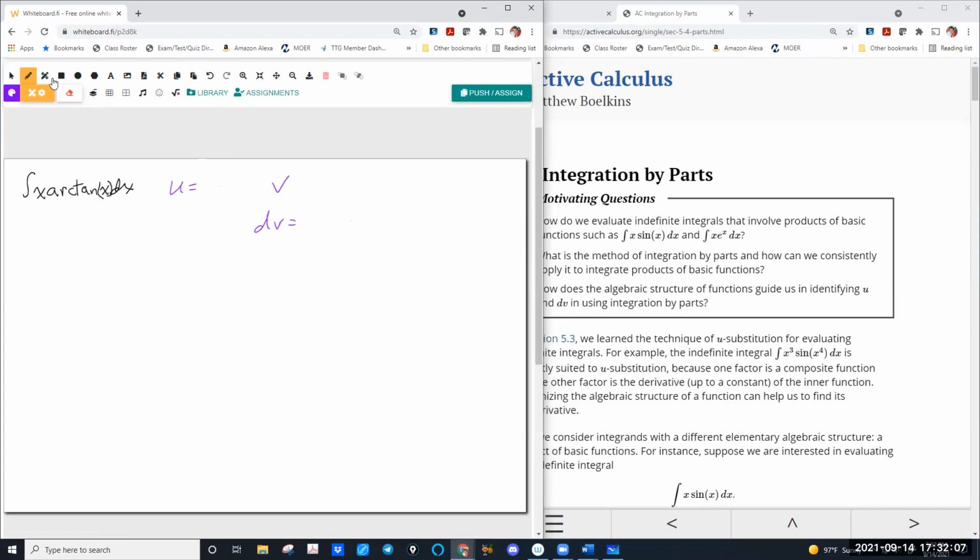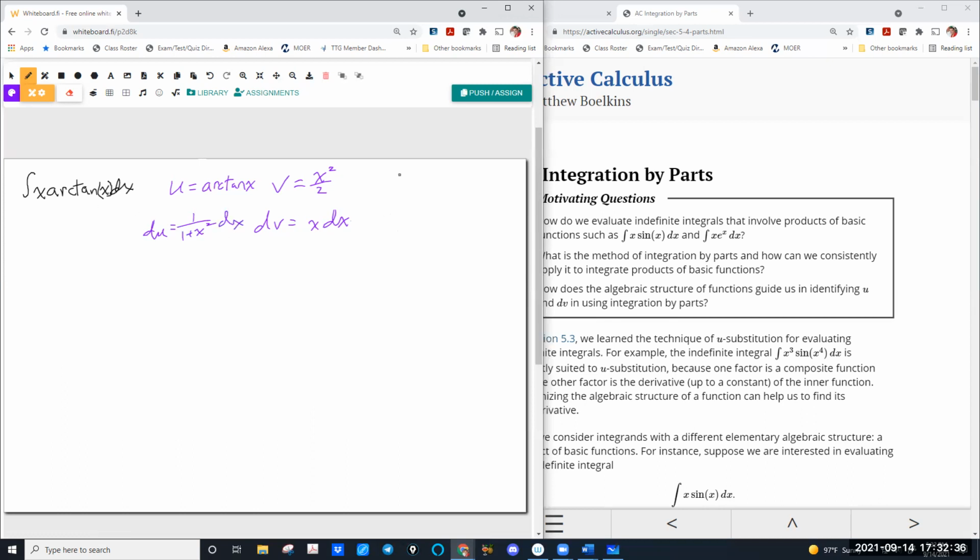So when we go to do this, we're going to let u be arctan of x, and dv is going to be x dx. Now, of course, when we find v, it doesn't get simpler because the antiderivative of x is x squared over 2, but that's okay because we know the derivative of arctan, that's 1 over 1 plus x squared dx.